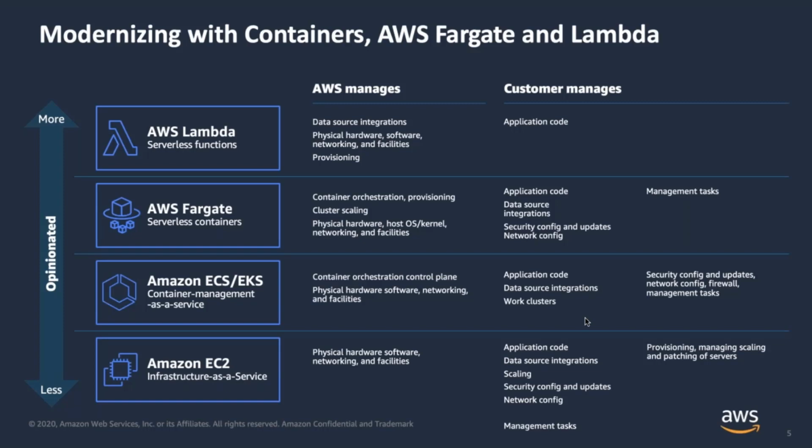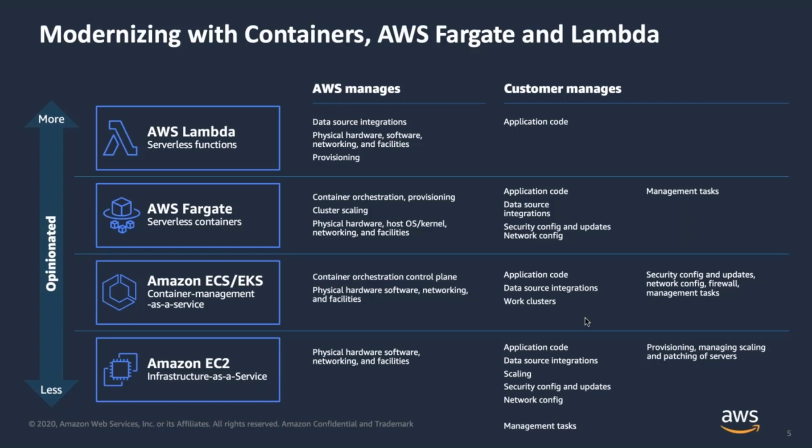So at the very bottom of the scale, we have Amazon EC2, in which case customers have full control over not only their applications, but also the infrastructure that those applications run in. On the other side of the spectrum, we have AWS Lambda, where the only thing that you as a customer need to manage is your own application code, and AWS Lambda manages all of the infrastructure, all of the data integrations, and all the operations around it.